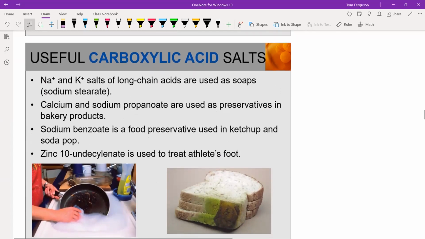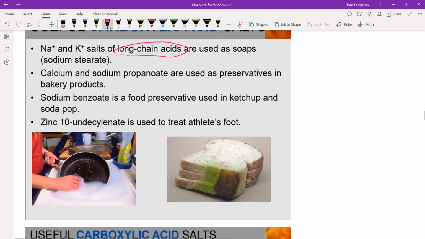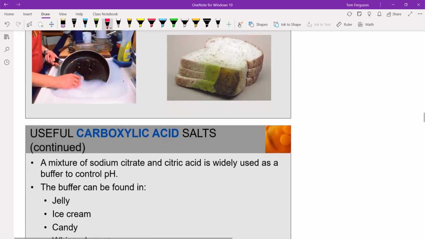Okay, the sodium salts of long chain fatty acids are used as soap. And we're going to talk about that a lot in a minute here.